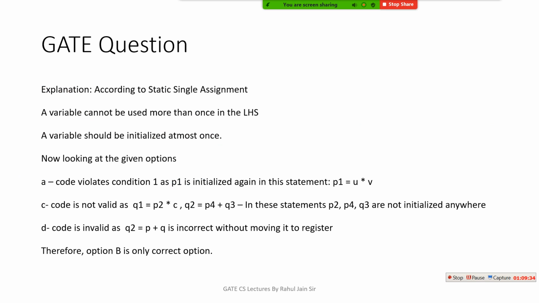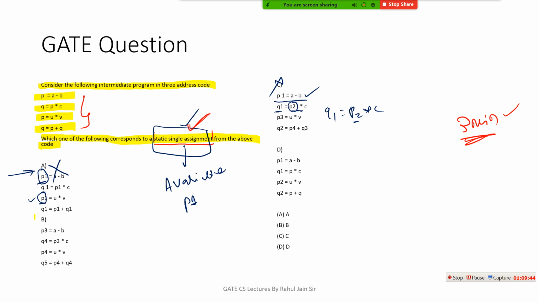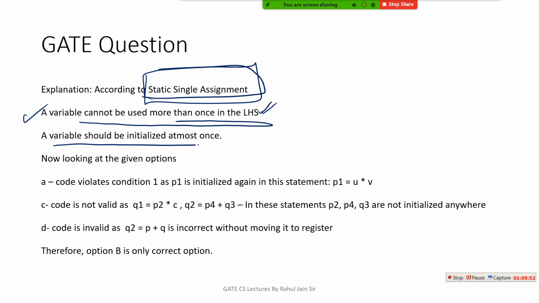Focus on this statement. According to static single assignment, a variable cannot be used more than once on the left hand side. That is why option A is false. The next one: a variable should be initialized at most once.